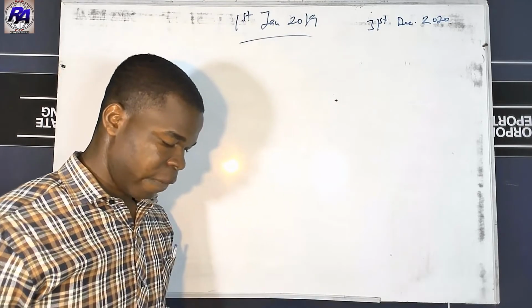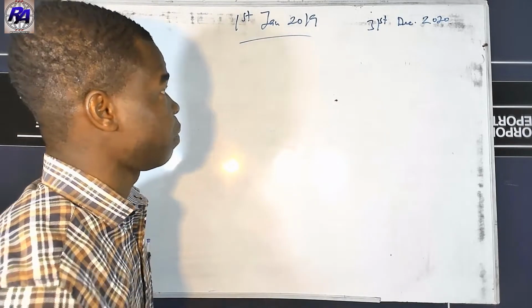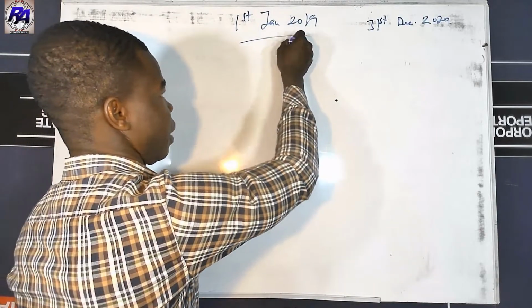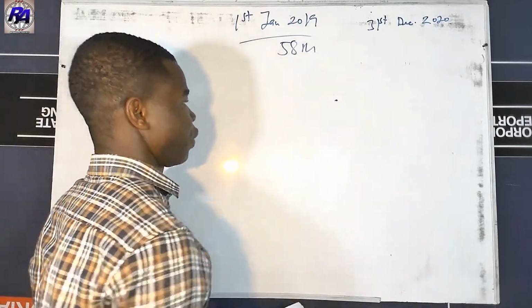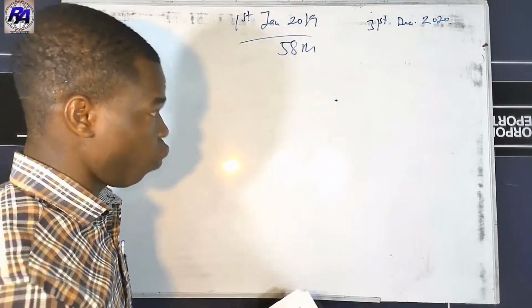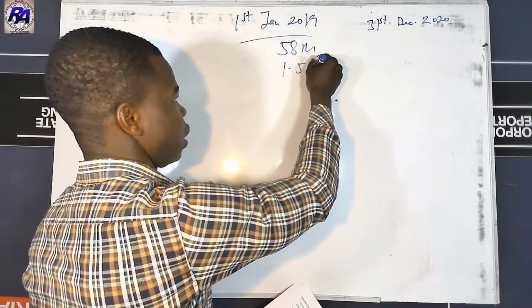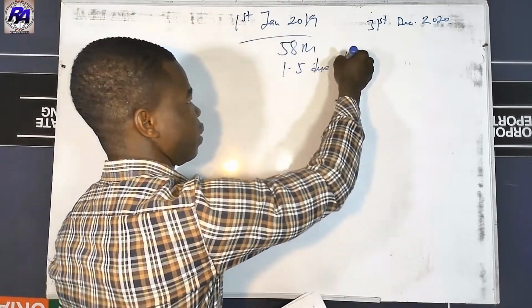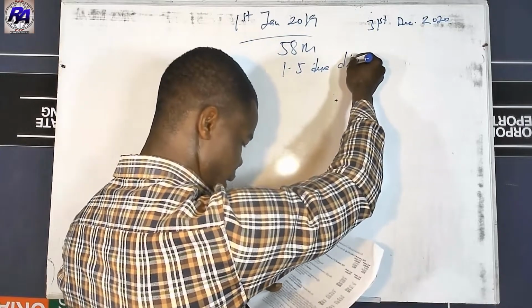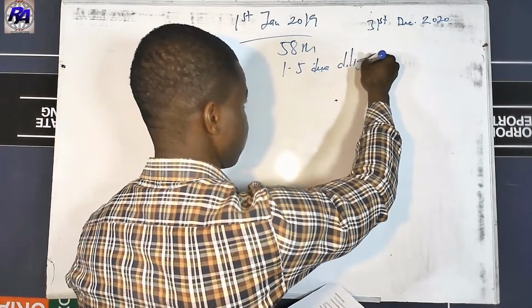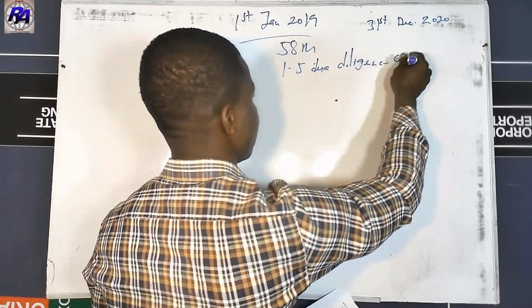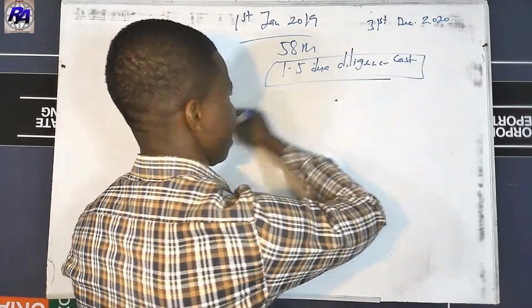The recorded investment includes, so the 58 million that they have paid for the acquisition includes 1.5 million due diligence cost. So this is a cost we incurred when we wanted to undertake the acquisition.